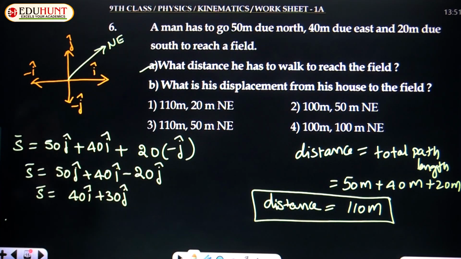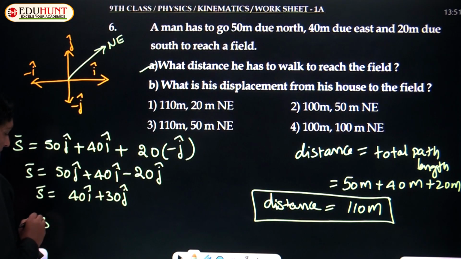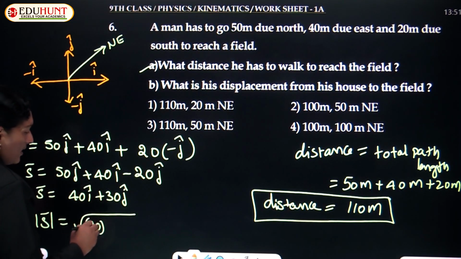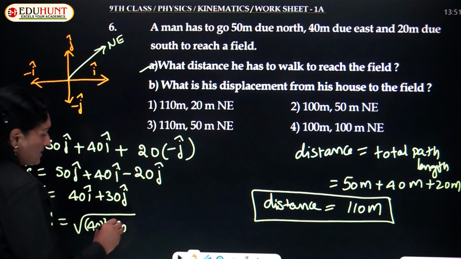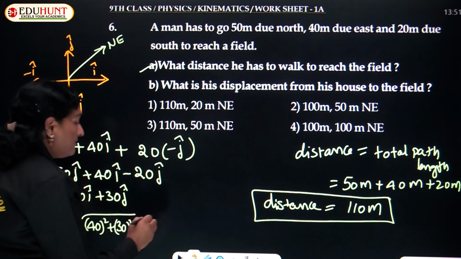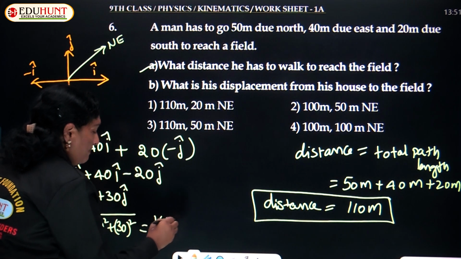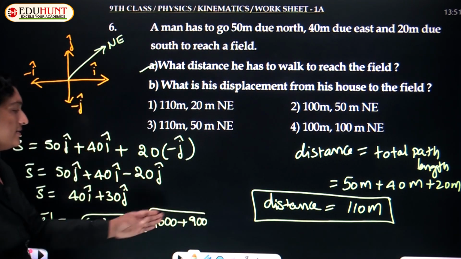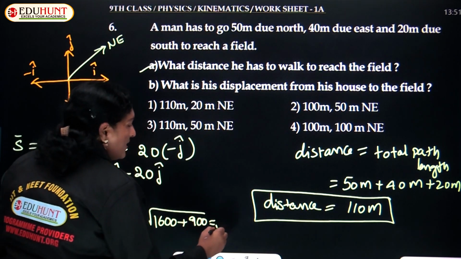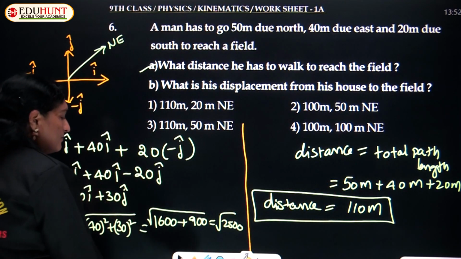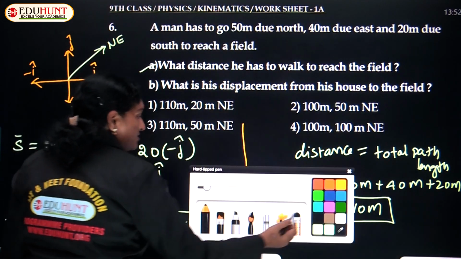Coming to the magnitude of the displacement vector, it is taken as root of 40 squared plus 30 squared. How much is 40 squared? It is 1600, plus 30 squared is 900, and finally this is root 2500. So what is the value of root 2500, children?